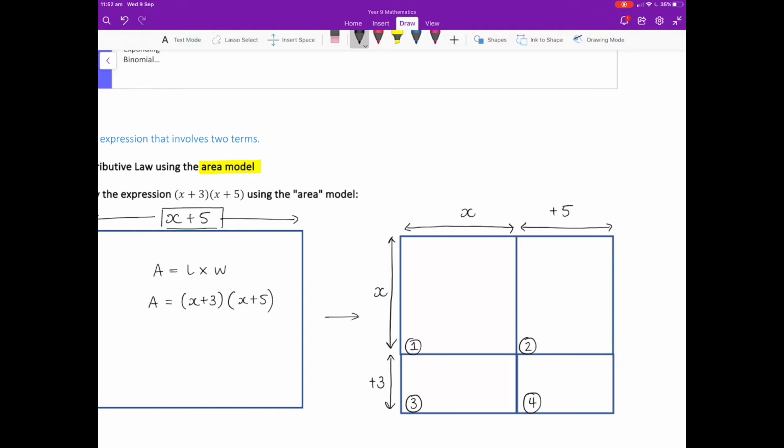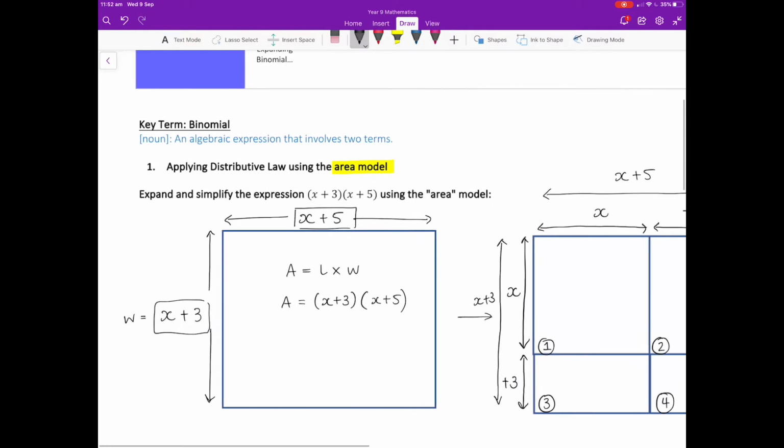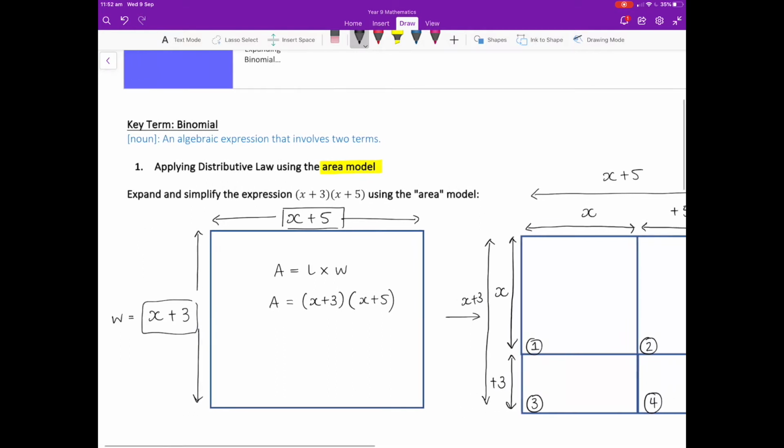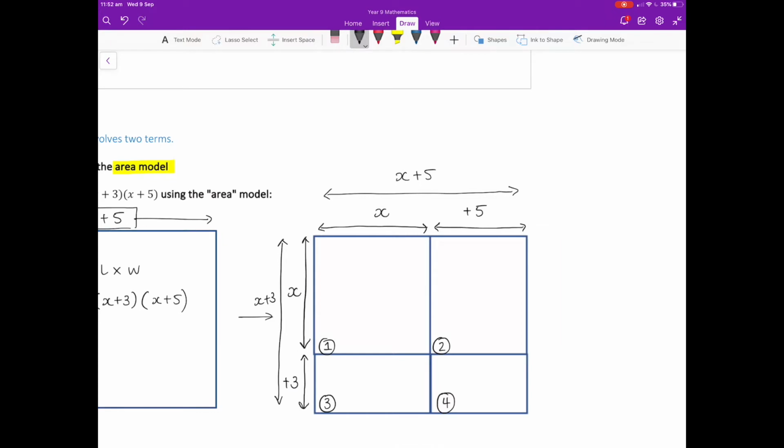Now what you see here is that means the total length is going to be x plus 5, and the total width will be x plus 3. So we haven't actually changed the original expression by any means. All we've done is we've split it up into smaller and more manageable shapes.